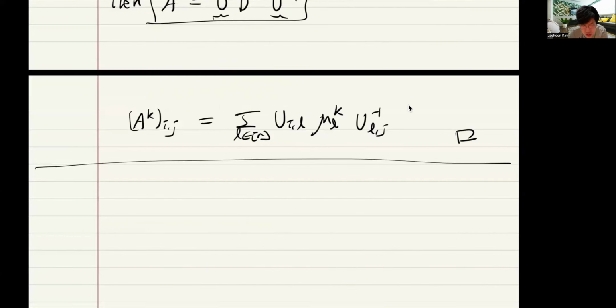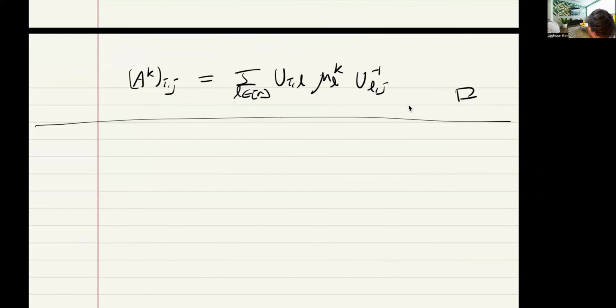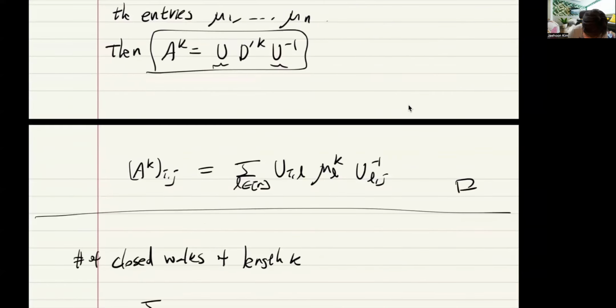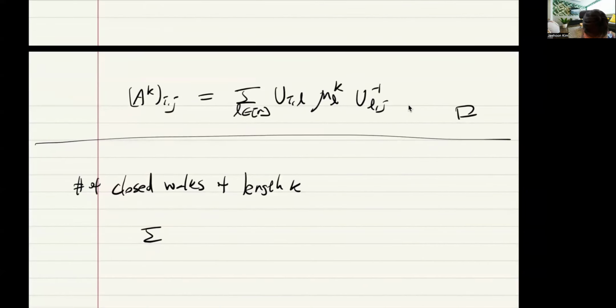So we obtain the information about the number of walks from the eigenvalues. Especially, if we take the number of closed walks of length k, then from the above proof you can check that you have to compute the case where i and j are the same, and you do the computation.